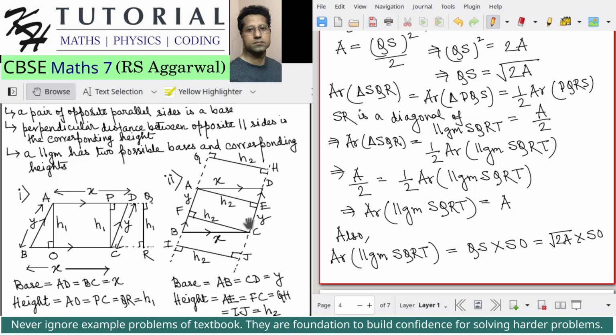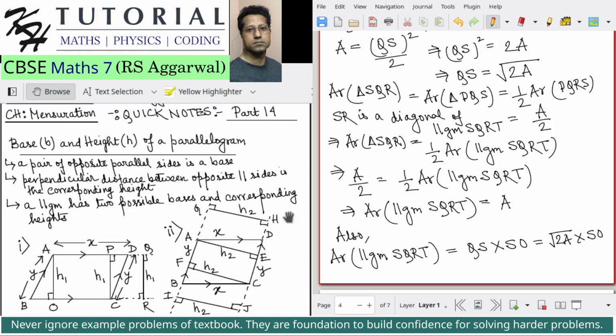In a parallelogram there are two pairs of opposite parallel sides, so there are two possible bases, and the height is the corresponding distance between the opposite parallel sides which you have considered as the base.